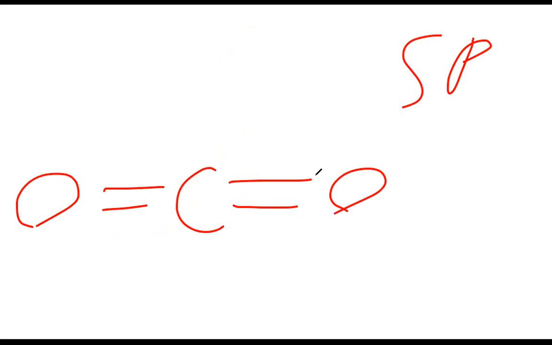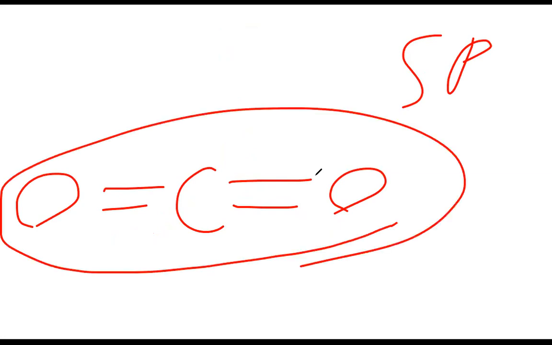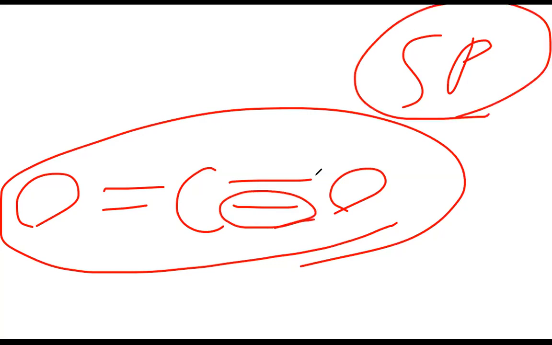You know what, actually I won't get into that because it's going to be brutal, but this is sp, because you have 2 normal pi bonds between this carbon and this oxygen and this carbon and that other oxygen, but you're also going to have some sp hybrid orbitals, like here and here, accounting for 1 of each of those double bonds. So there's a hybrid orbital there.